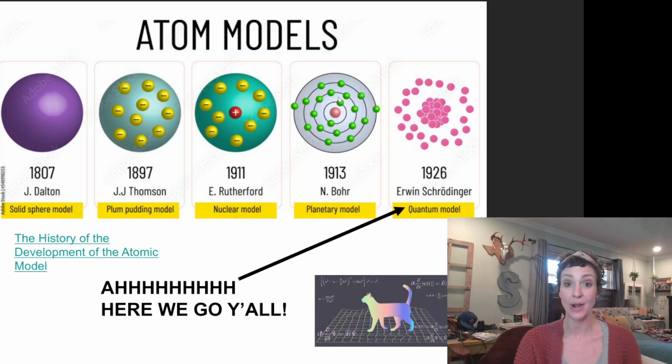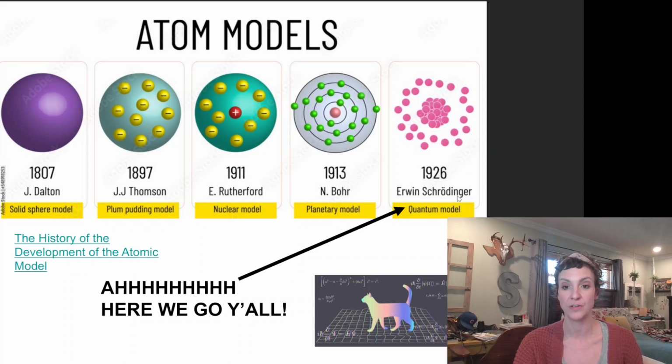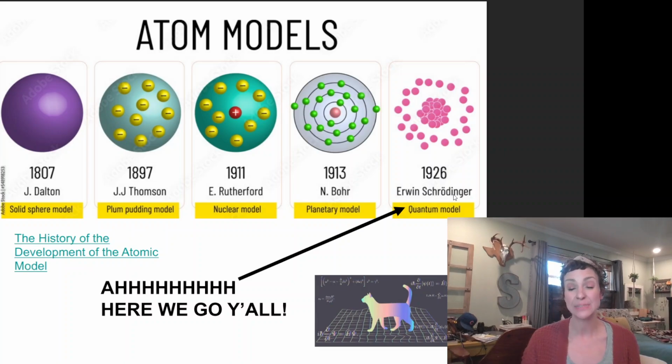Niels Bohr then said, okay, those electrons are actually orbiting the nucleus like planets in specific energy levels, right? And now we are moving to Erwin Schrödinger, and it looks like his model was about 13 years after Niels Bohr's. And his model is called the quantum model of the atom.